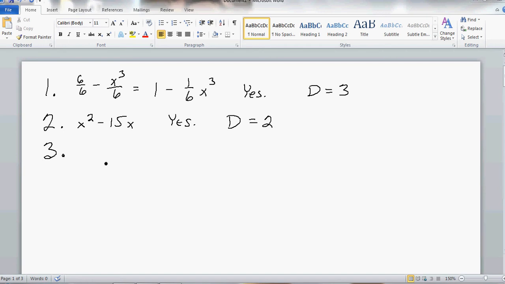Now number 3, in no way, shape, or form am I going to multiply x minus 1, that quantity raised to the 11th power. But I am going to say, okay, I know that very first term is going to be 6, and then this will be x to the 11th power, and then we'll have the 10th power, 9th, 8th, all the way down to the constant.